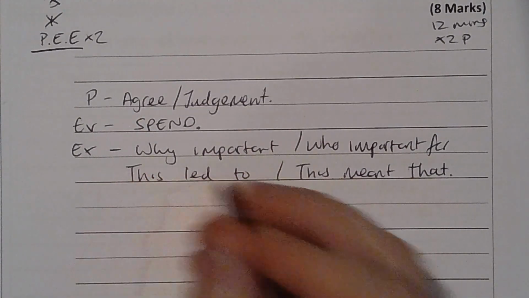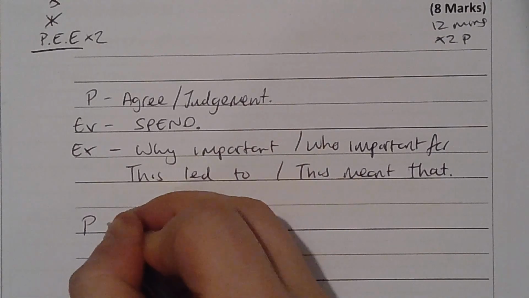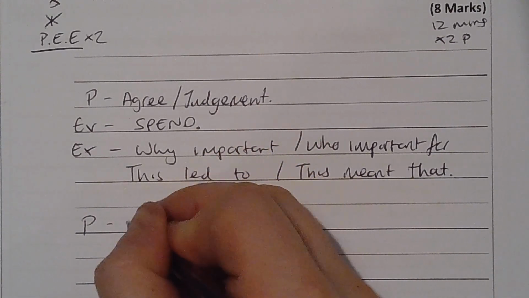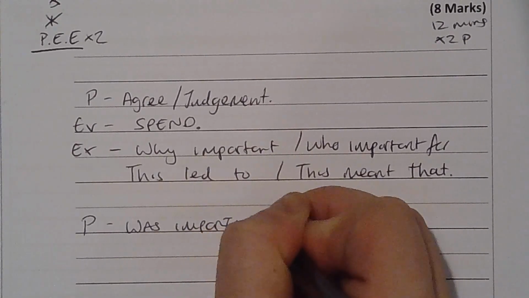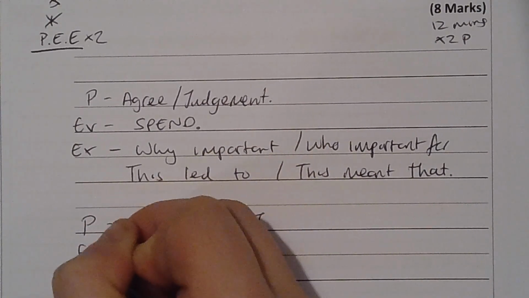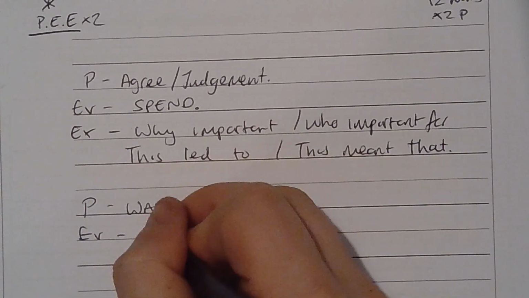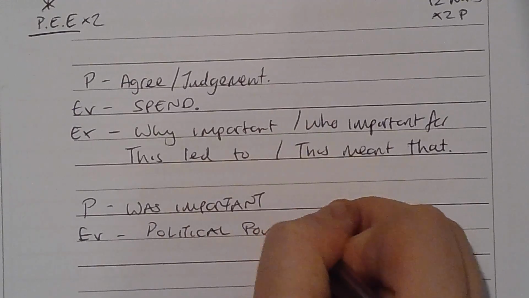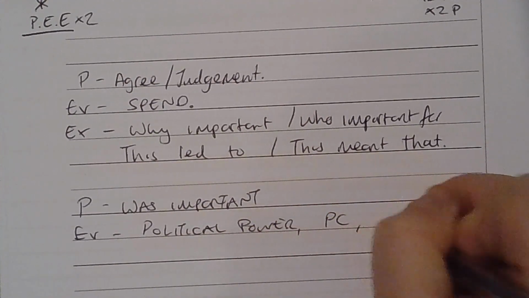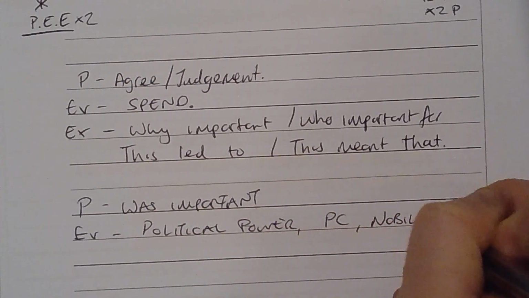So, for example, I might say it was important. I might use some evidence pointing towards the fact that it was the centre of political power, mentioning that the Privy Council were there, that her nobility were invited.